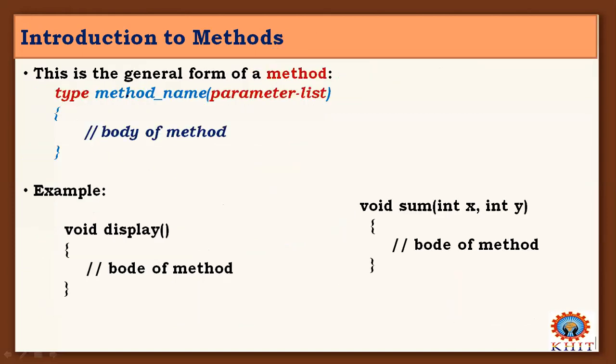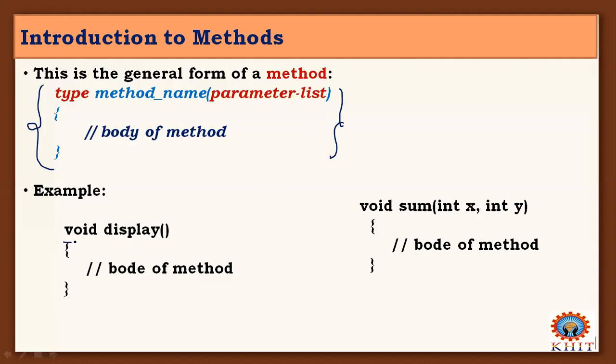Coming to using this general form of a method, how to create a method of a class. With this experience, we are ready to create a method of a class in Java.